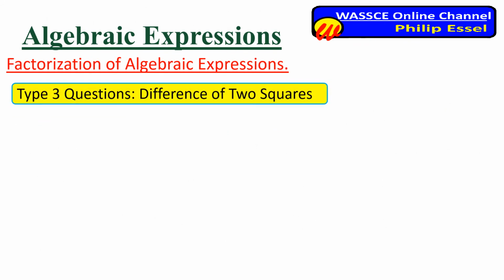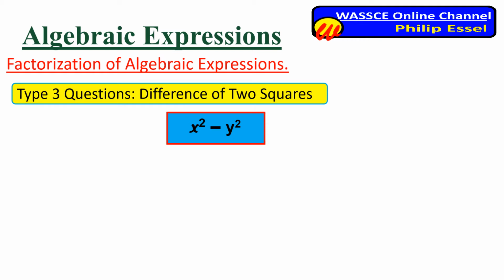Let's look at the third type, the difference of two squares. Let's look at the type 3 questions, and here we are going to talk mainly about differences of two squares. Let's look at the following example: x squared minus y squared. From this example, you would realize that we have one squared item, in this case y squared, being subtracted from another squared item, in that case x squared.